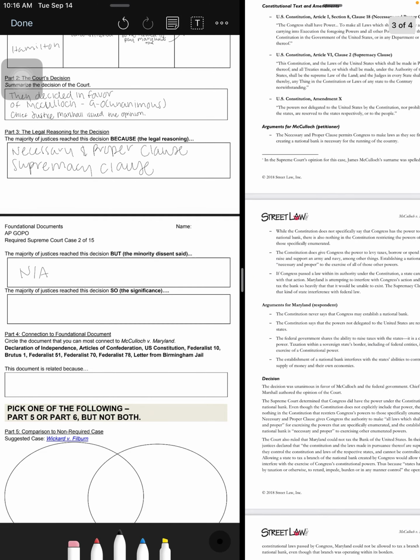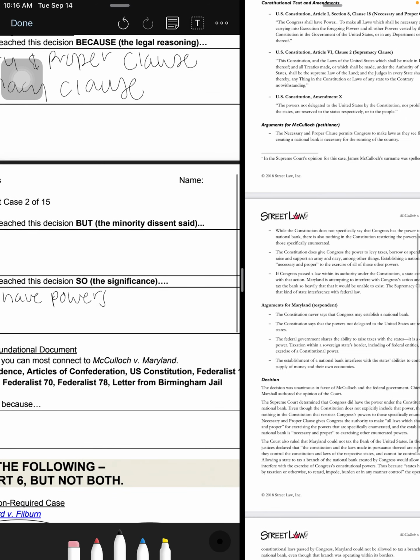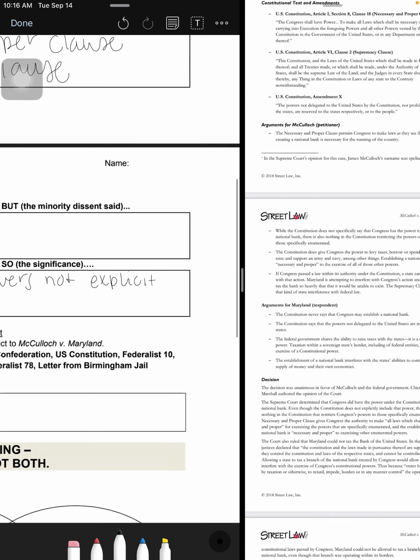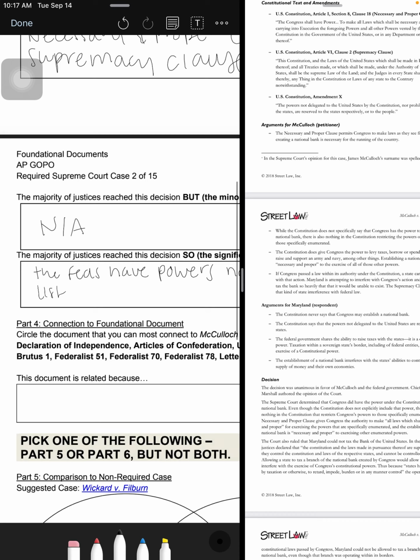So in making this decision in favor of McCulloch and the federal government, the court has decided that the feds have powers not explicitly listed in the Constitution.